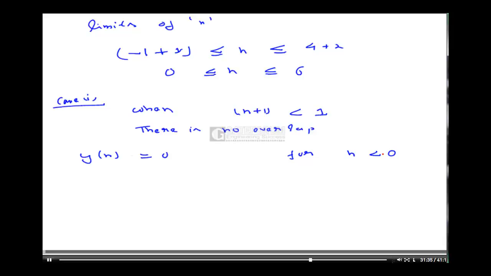Okay. Now case 2. When n plus 1 is equal to 1. Okay. At that time there will be an overlap.